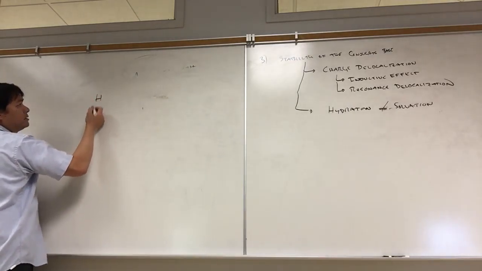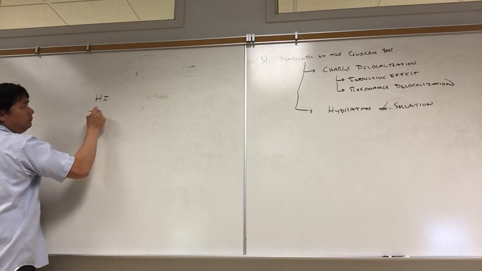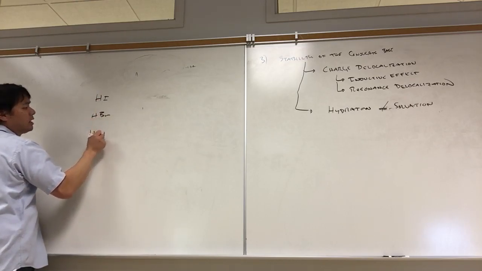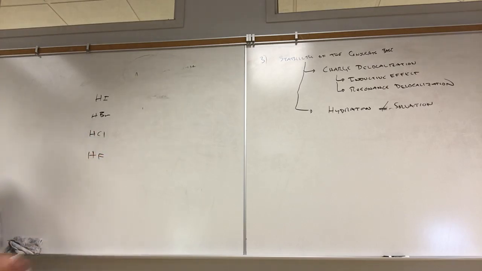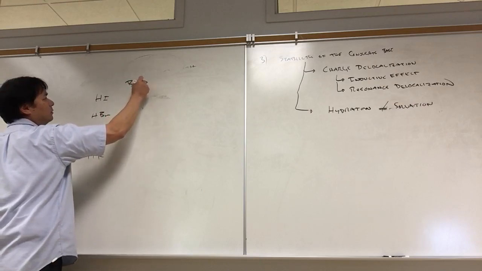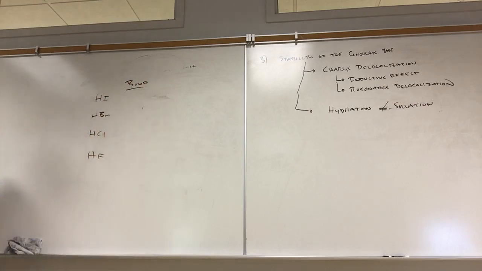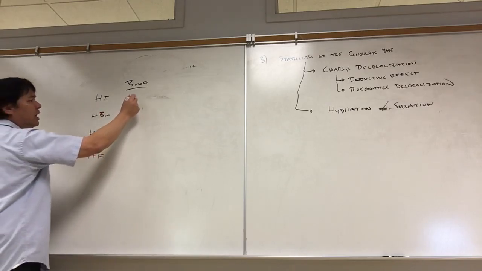If I look at this series, HI, HBr, HCl, HF, as far as bond strength goes, the strongest bond is going to be HF. The weakest bond is HI.